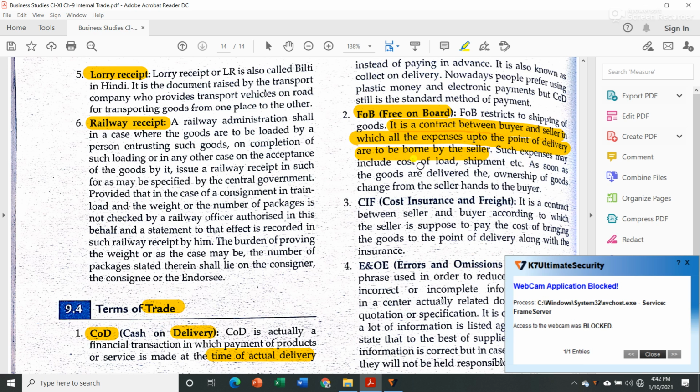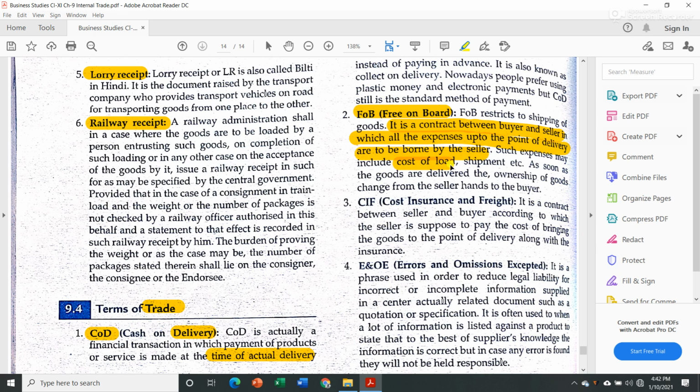Such expenses can include the cost of loading, meaning if you hire labor for loading goods into the ship, then that expense, and there are other expenses as well. As soon as the goods are delivered, the ownership of the goods changes from the seller's hands to the buyer, meaning after delivery the buyer becomes the legal owner of those goods.